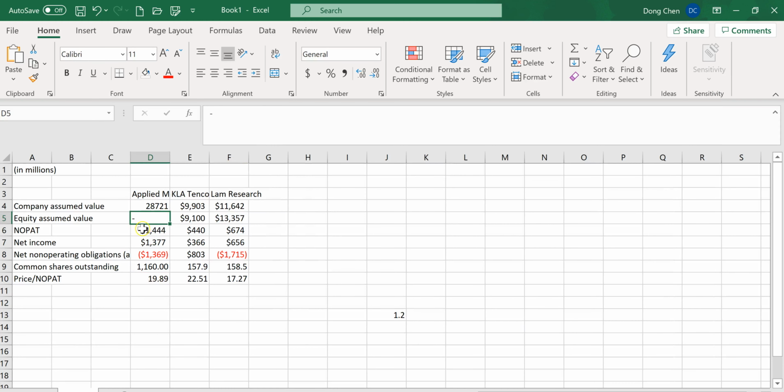So equity assumed value will simply be the difference between company assumed value and net non-operating obligations. Notice here NNO is a negative number. So when we subtract this negative number, we end up adding a positive number. This will make the equity assumed value higher than company assumed value in this case.